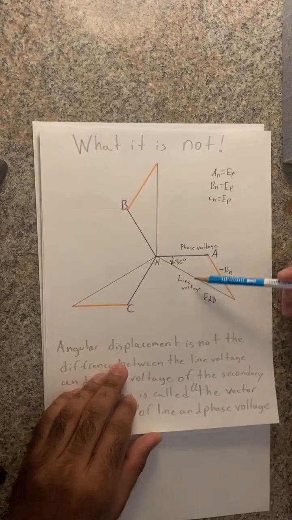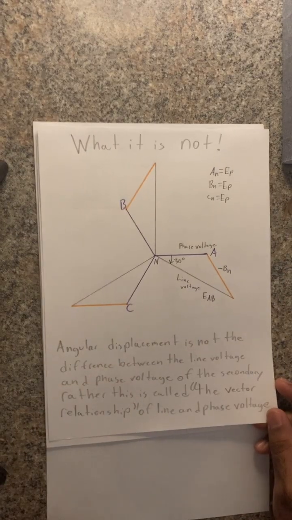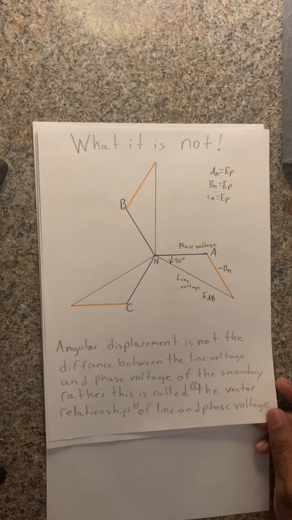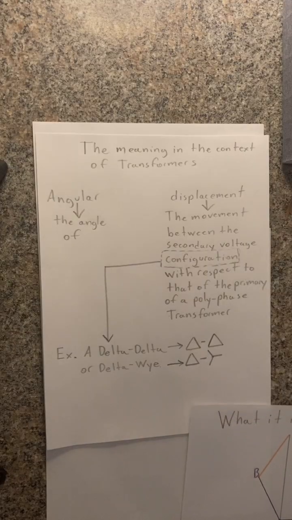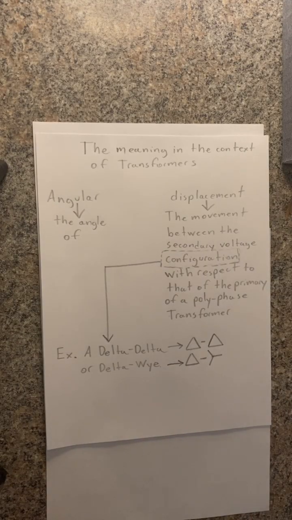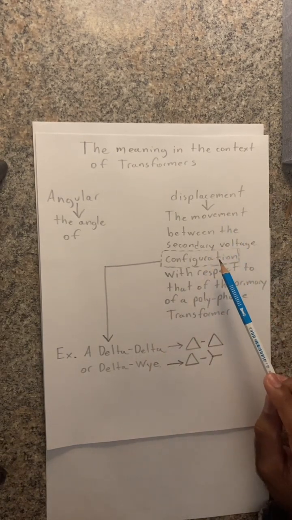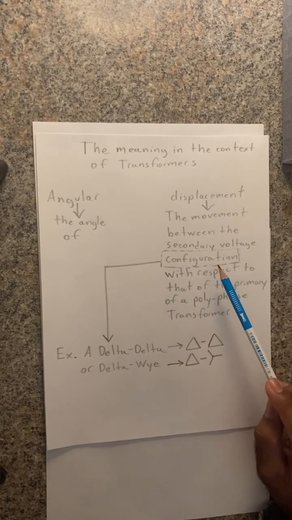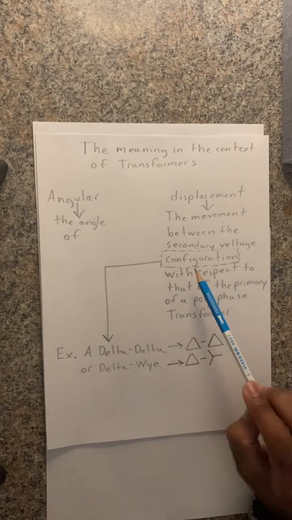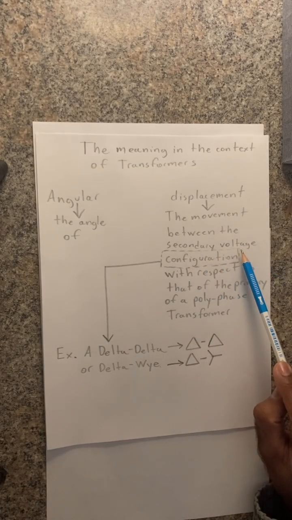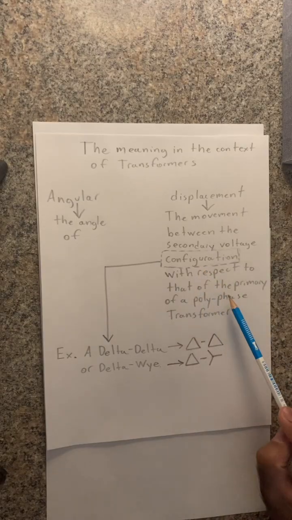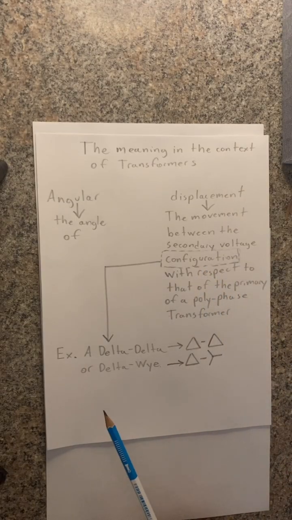Rather, this is considered the vector relationship of phase and line voltage. Therefore, according to this definition, the angular displacement is the difference between the secondary voltage configuration with respect to the primary voltage configuration.